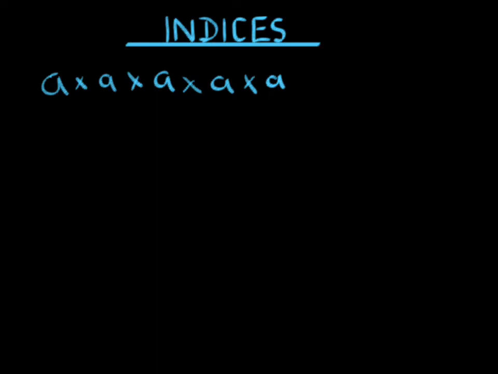We have to count the A's: 1, 2, 3, 4, 5. There are 5 A's, right? Now, we pick one of the bases, one of the A's, that will be A, then we put 5 as the power because there are 5 A's. So this will give us A raised to power 5.